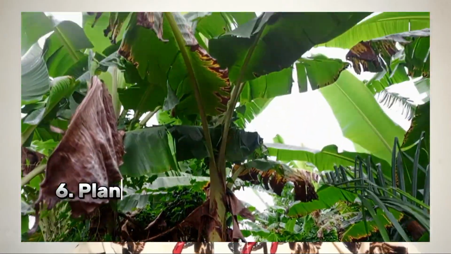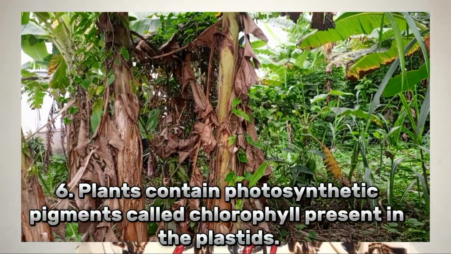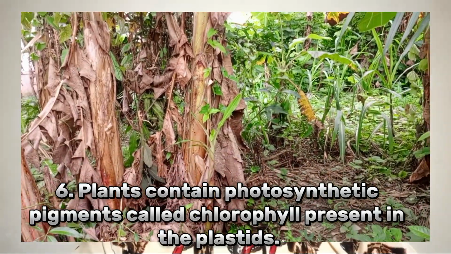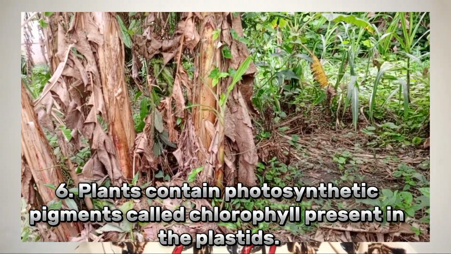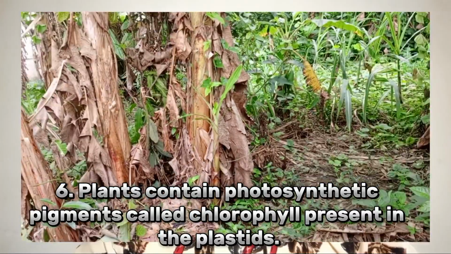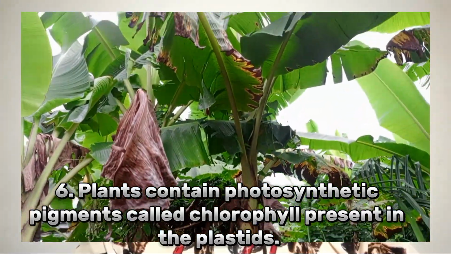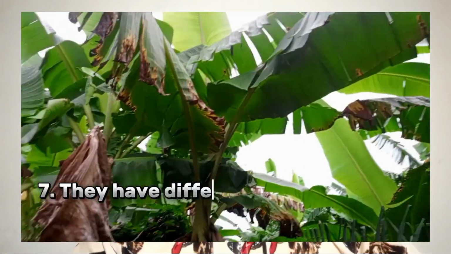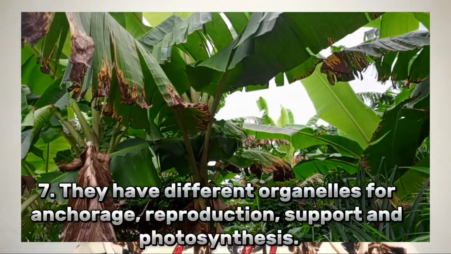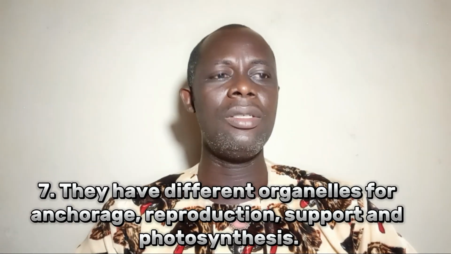The fifth characteristic of the plants is that plants contain photosynthetic pigments called chlorophyll present in the plastids. They have photosynthetic pigments that are present in the plastids. Okay, then the plastids, basically the chloroplast. Now, the plants are also known to possess different organelles for anchorage, reproduction, support, and for photosynthesis.